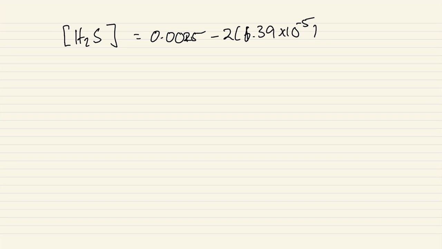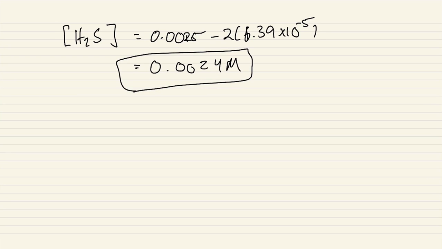It was 0.0025 minus 2 times 6.39 times 10 to the minus 5, and we would get 0.0024 if we're rounding it, right? So the small x approximation is probably okay there, right? We see that this number hardly changed at all on the way to equilibrium, right? So intuition about how things are changing or how we expect them to change should help us gauge whether this answer is right or not.